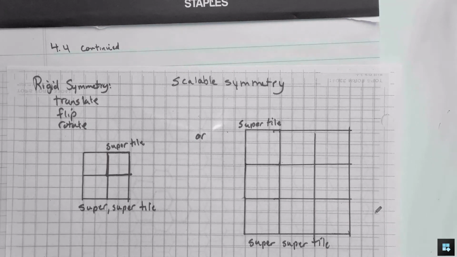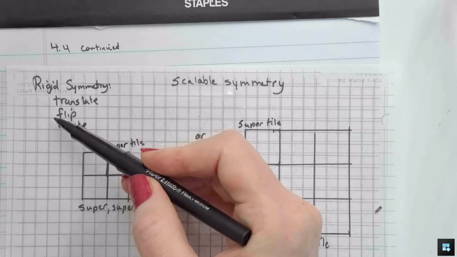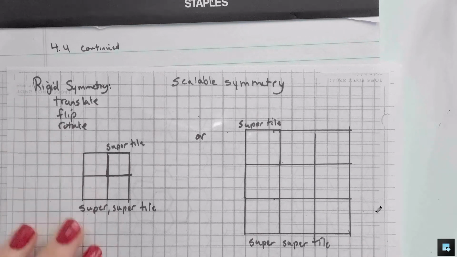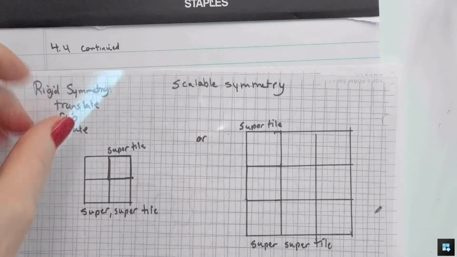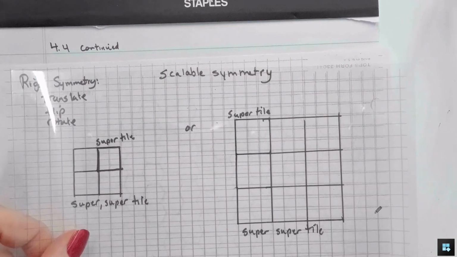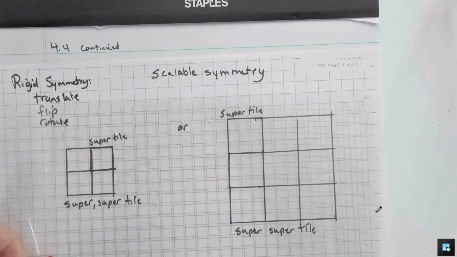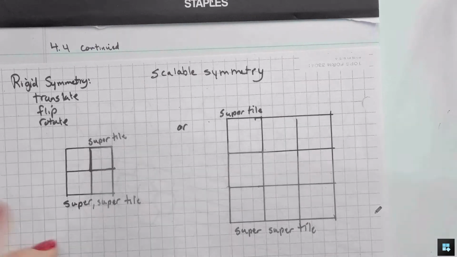So any one of these occurring, translation, flipping, or rotating and landing on top of the original pattern, is called rigid symmetry. All 3 don't have to be present, although the patterns we looked at had all 3 present. So rigid symmetry, you can slide a transparency around and land with the same pattern that you started with.